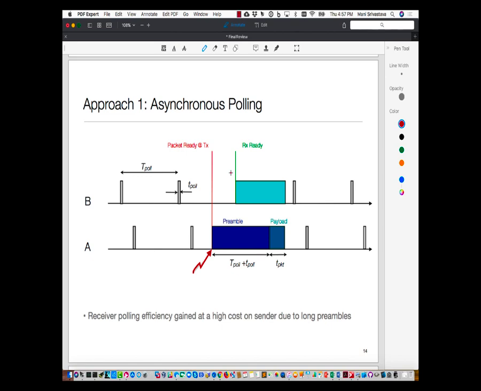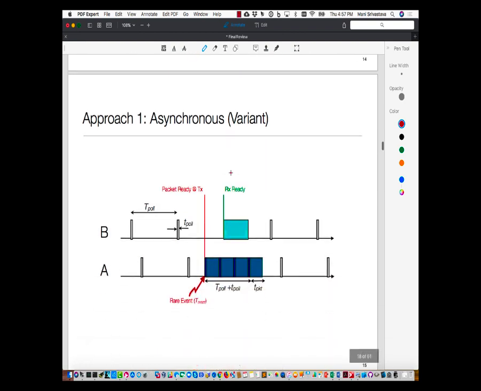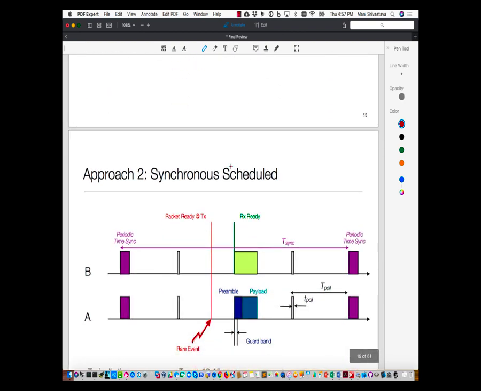If you compare with the synchronous scheme, in the synchronous scheme we are paying the overhead of synchronization. Remember, even if I had no message to send, every 15 seconds I'm doing some message exchange. So there is background communication which has to happen to keep the network in sync.